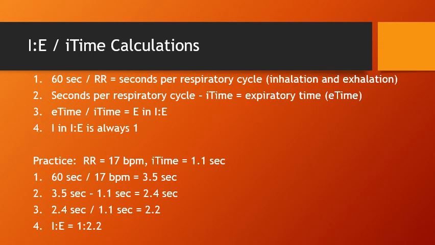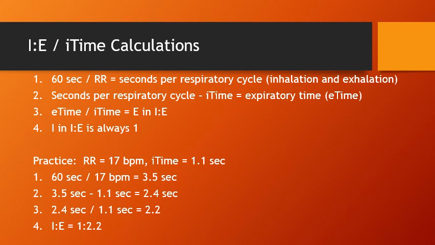Now, step two, we are going to take our value from step one, the seconds per respiratory cycle, and we're going to subtract the patient's I time from that. So whatever I time is on the ventilator, we subtract that from the seconds per respiratory cycle.